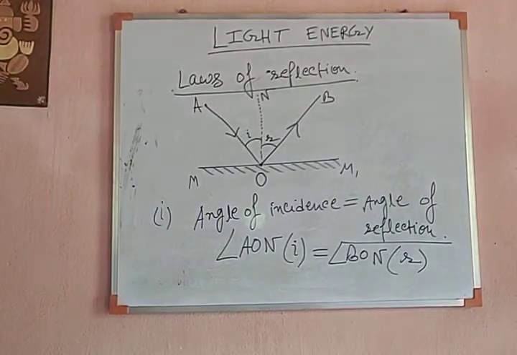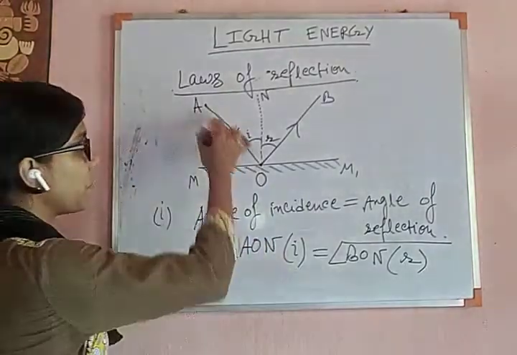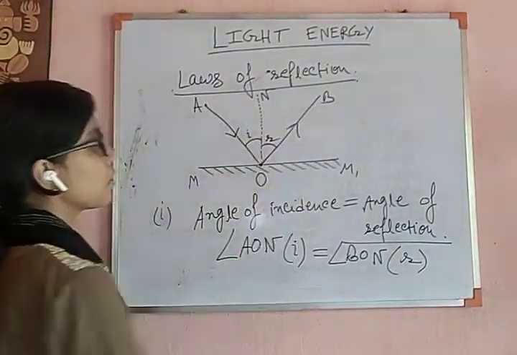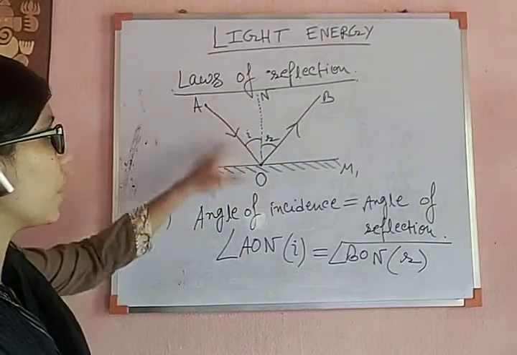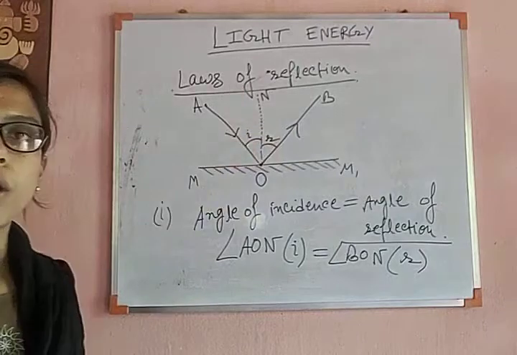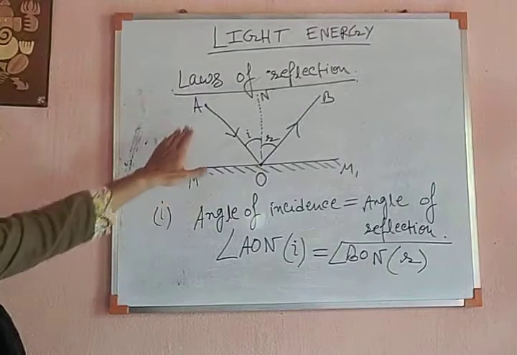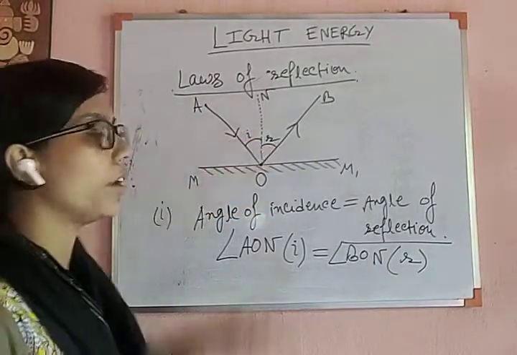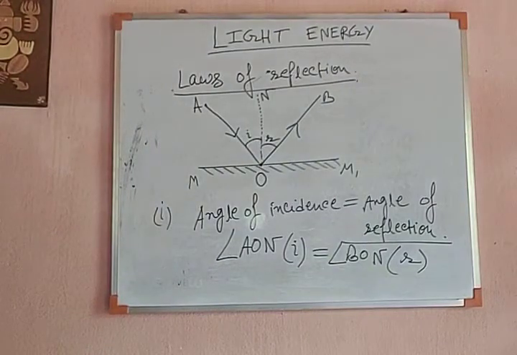And the second point is about the three lines that I have drawn: the incident ray, the reflected ray and the normal, that is OA, OB and ON. All will lie in the same plane. The plane of OA, OB and ON will be the same. These three lines will be in the same plane.